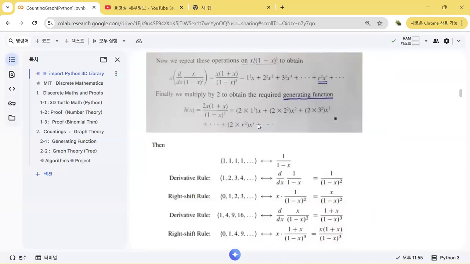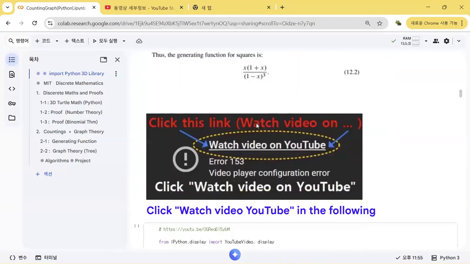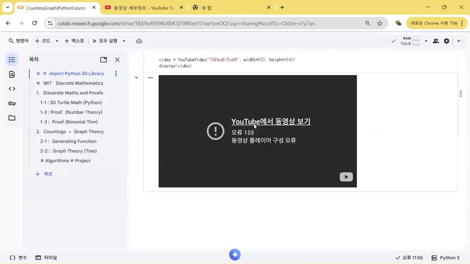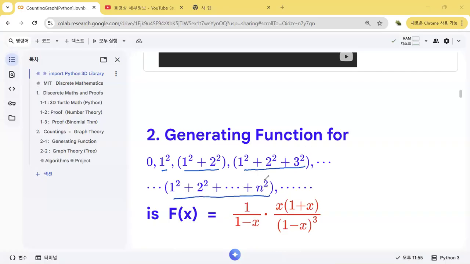The second part is, once you find the generating function for the sequence of squared numbers, to find the generating function for the sum of squares: one squared, two squared, up to n squared.